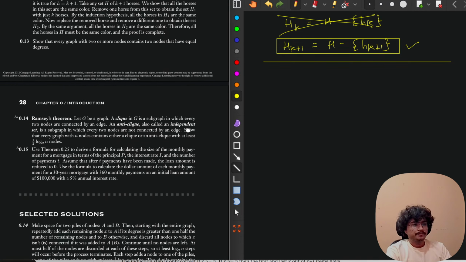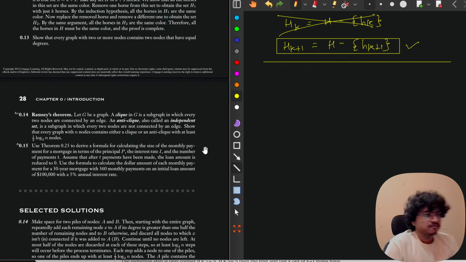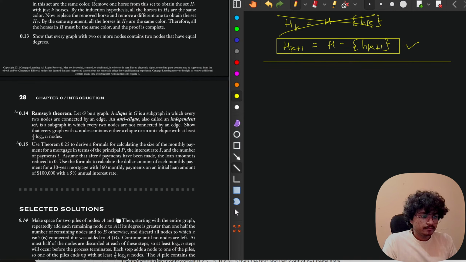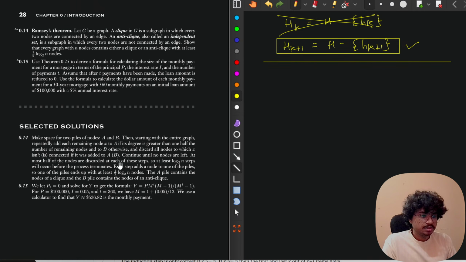Next question. Show that every graph with two or more nodes contains two nodes that have equal degrees. Ramsey's theorem. Selected solutions.